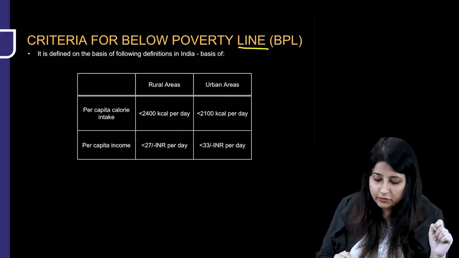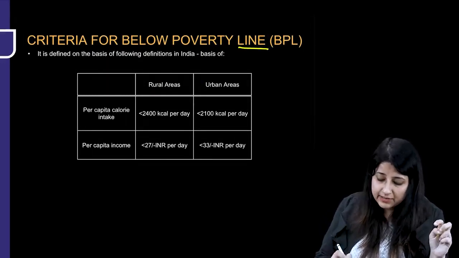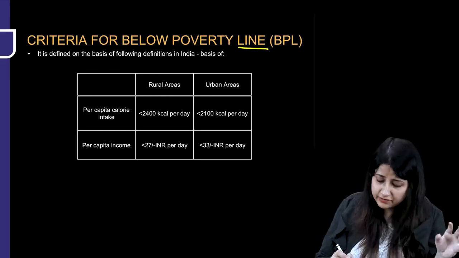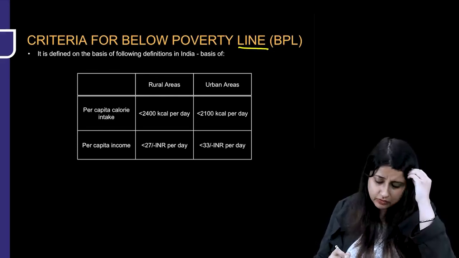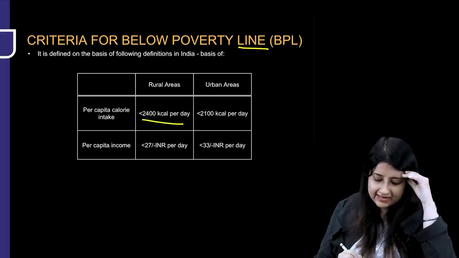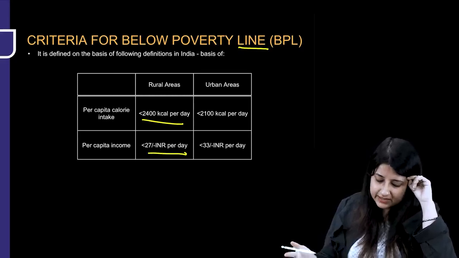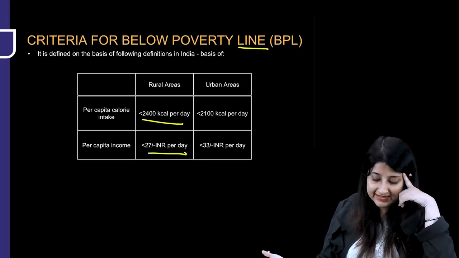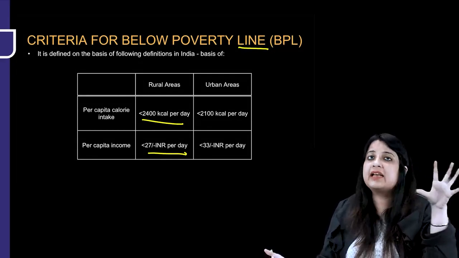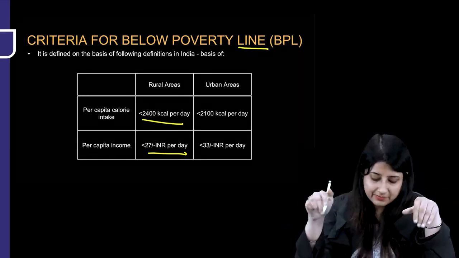One criteria for below poverty line: which family is below poverty line? According to, we have two committees, Tendulkar and Srivastava committee. If the per capita calorie intake in rural areas is less than 2400 kilocalories per day and if the per capita income is less than 27 INR per day. Per capita means whatever is the total family income divided by the number of family members.